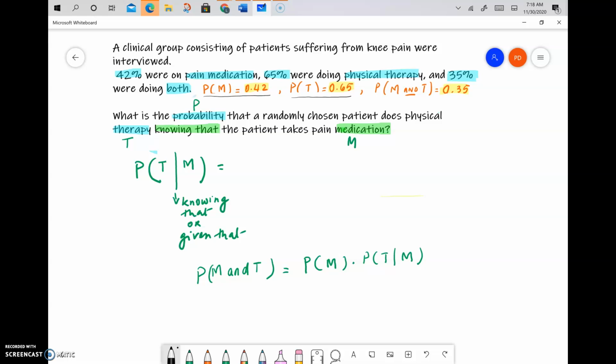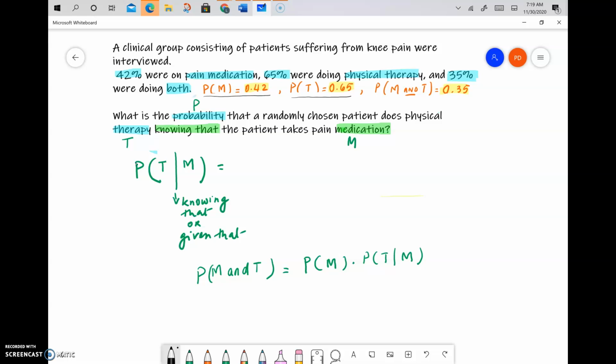The question is, what is the probability that a randomly chosen patient does physical therapy knowing that, or given that, the patient takes pain medication? So P for probability, T for therapy, knowing that, M, which is medication. So in symbols, this is how we write it.